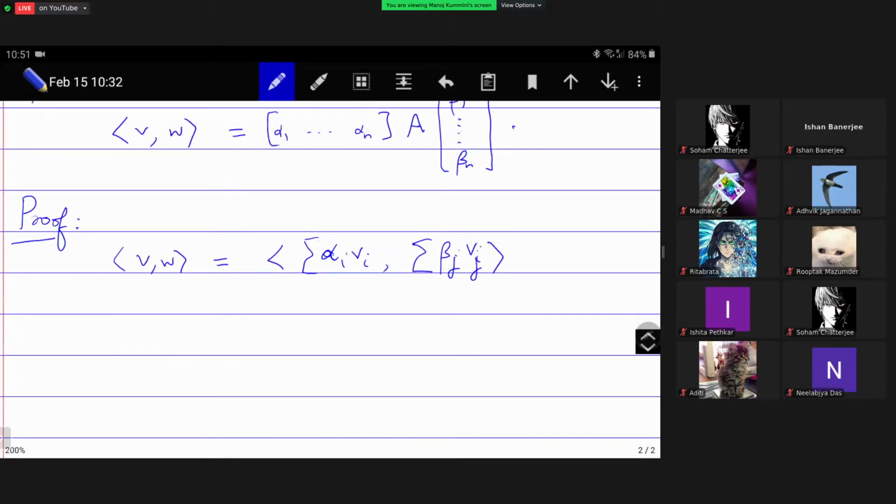Okay, this is i goes from 1 through n, j goes from 1 through n. Now bilinearity: keep the second factor fixed and just expand with respect to the first factor. So we would get alpha i vi.